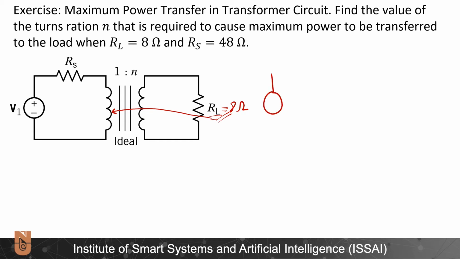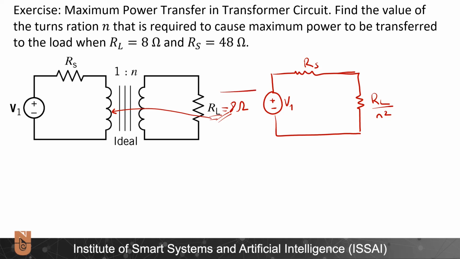Accordingly, the equivalent circuit will have plus minus V1 here. Here I will have RS. Then I will have my reflected impedance, which will be RL over N squared. And this will be my equivalent circuit without the transformer.